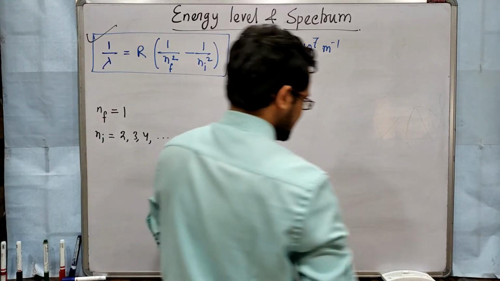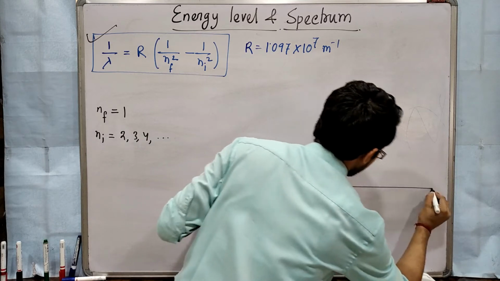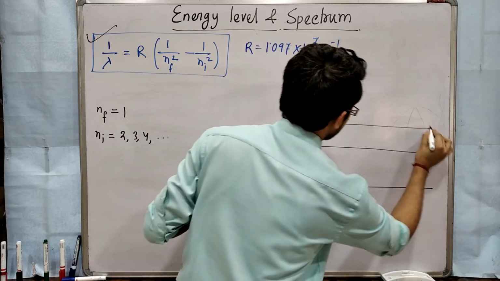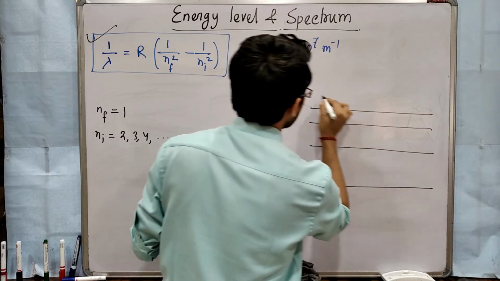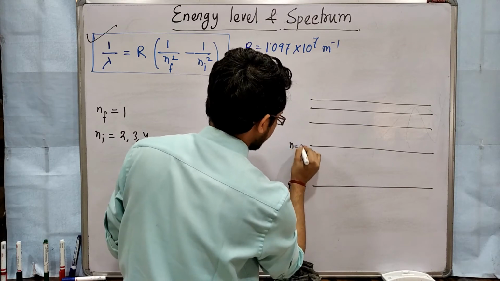So what is the name of this series? I am drawing a few lines: n equal to 1, n equal to 2, n equal to 3, n equal to 4, n equal to 5.